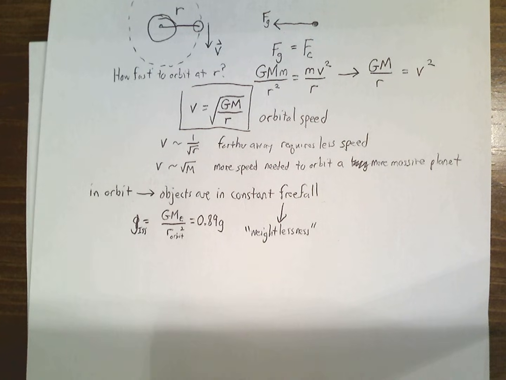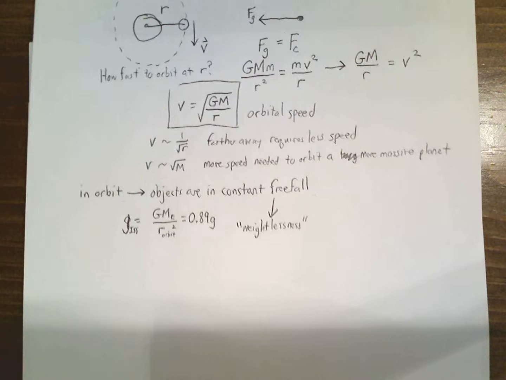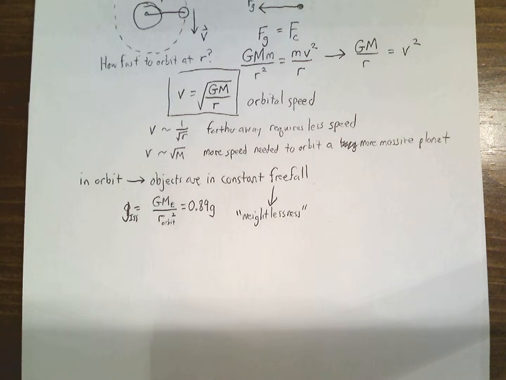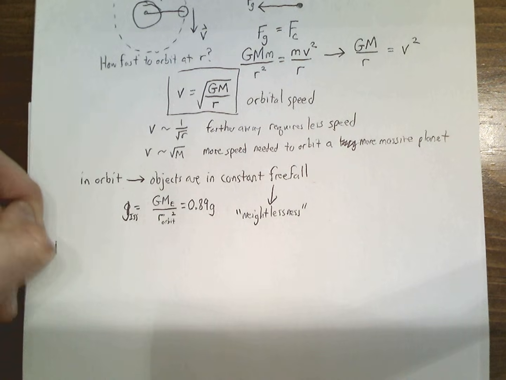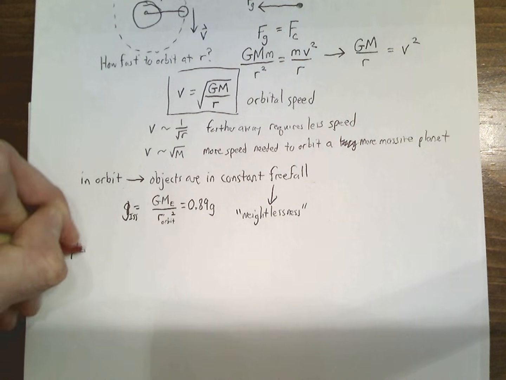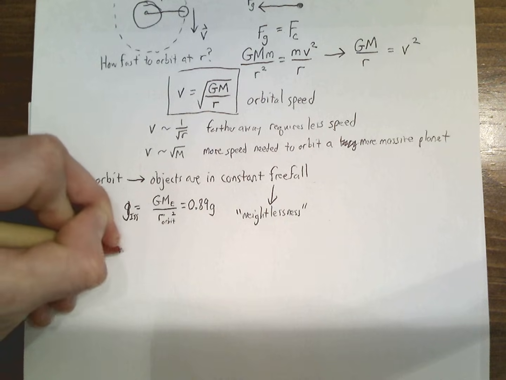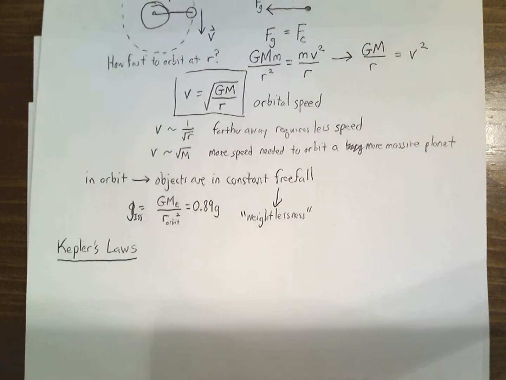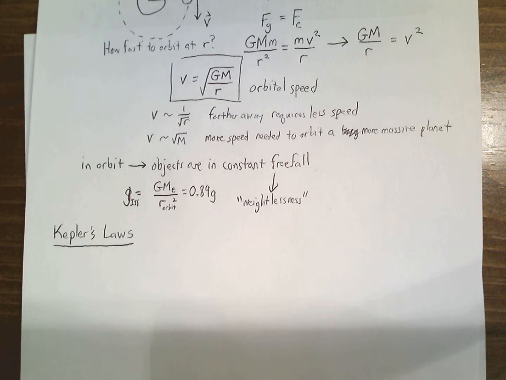Last thing to mention in our discussion of orbits are three very important results made back in the early 17th century, in the form of Kepler's laws of planetary motion. These give us really guidelines on how objects move.